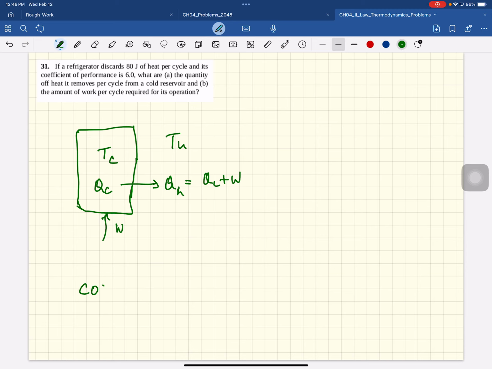The coefficient of performance of the refrigerator is 6, which is how much heat you removed from the cold environment divided by how much work you had to do for that. So for every 6 joules of heat removed from your refrigerator, you had to do 1 joule of work. That's what that tells you.